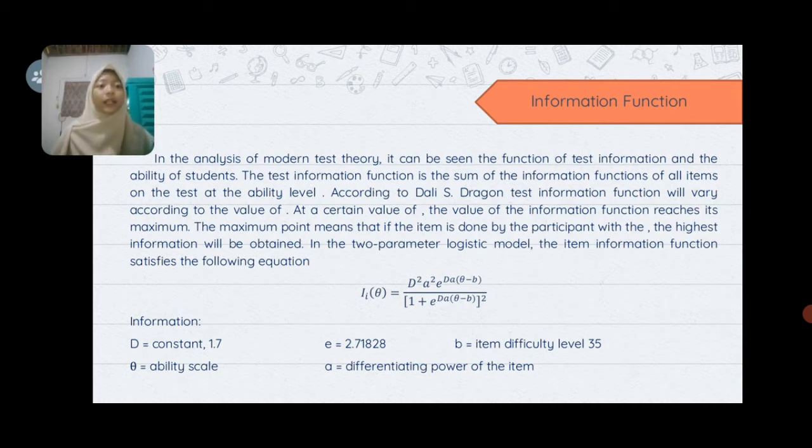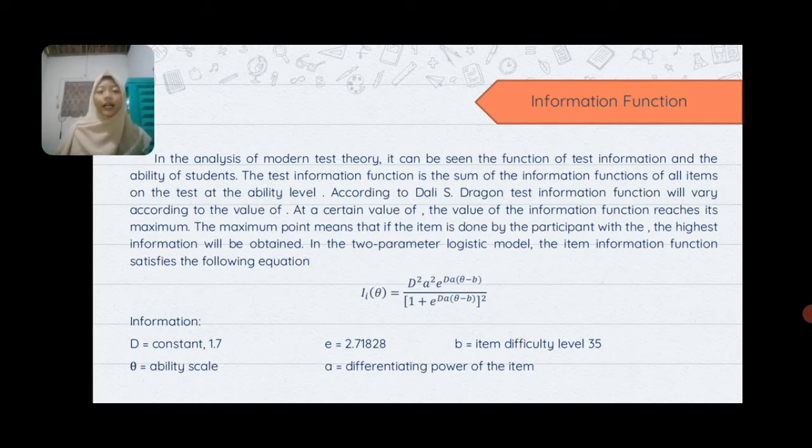At a certain value of theta, the value of the information function reaches its maximum. The maximum point means that if the item is done by a participant with that theta, the highest information will be obtained. In the two-parameter logistic model, the item information function satisfies the following equation.